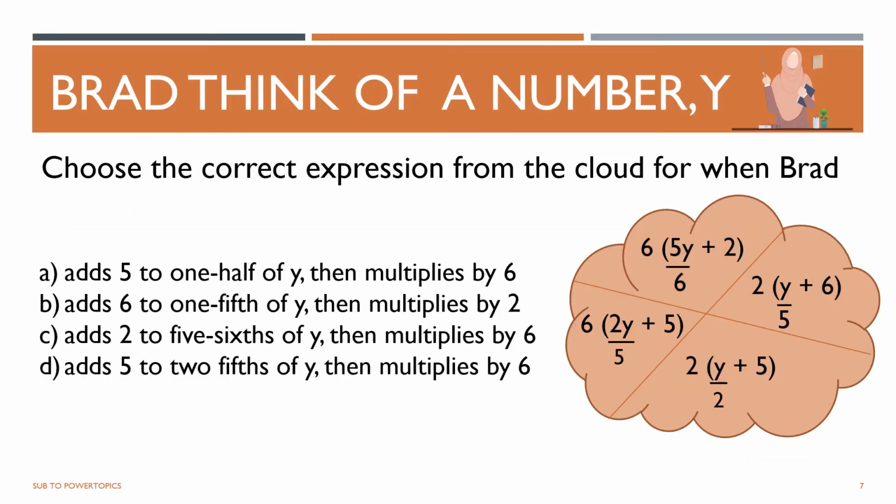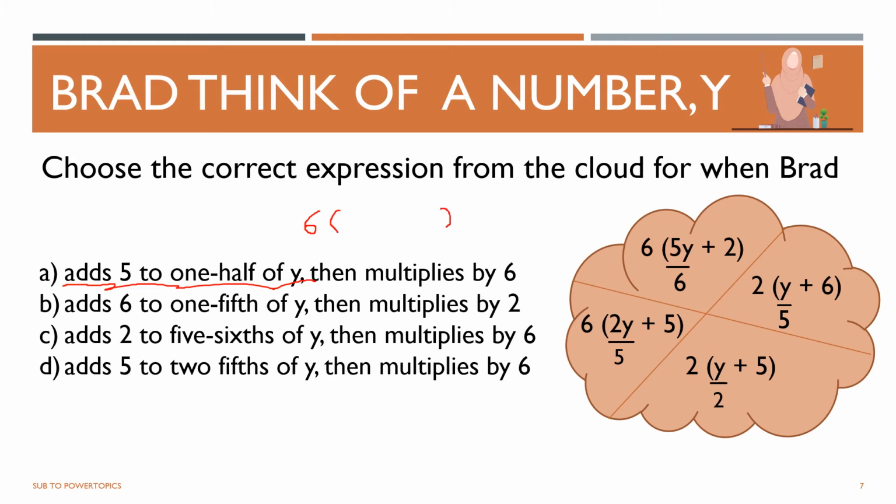Let's move on to the next question. Brad thinks of a number and the number is represented as y. We have to choose the correct expression from the cloud for when Brad adds 5 to 1/2 of y then multiplies by 6. So the whole expression here, from here until here, is being multiplied by 6. So the 6 would be outside and the rest of the expression would be inside.